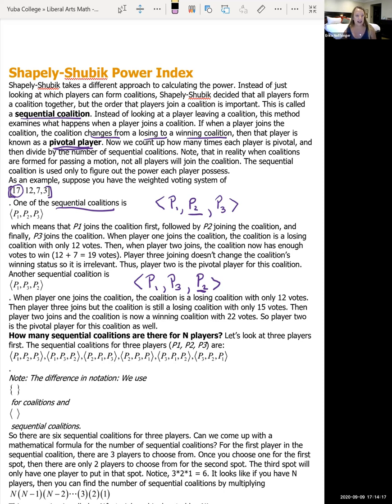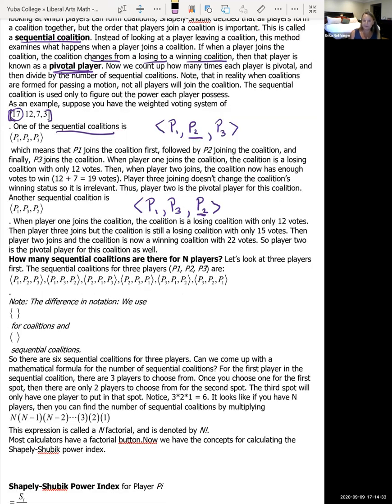And then we're looking at just that one that would have jumped from not winning to passing it. And that makes them pivotal. So P2 in that case was pivotal, making it pass that motion.